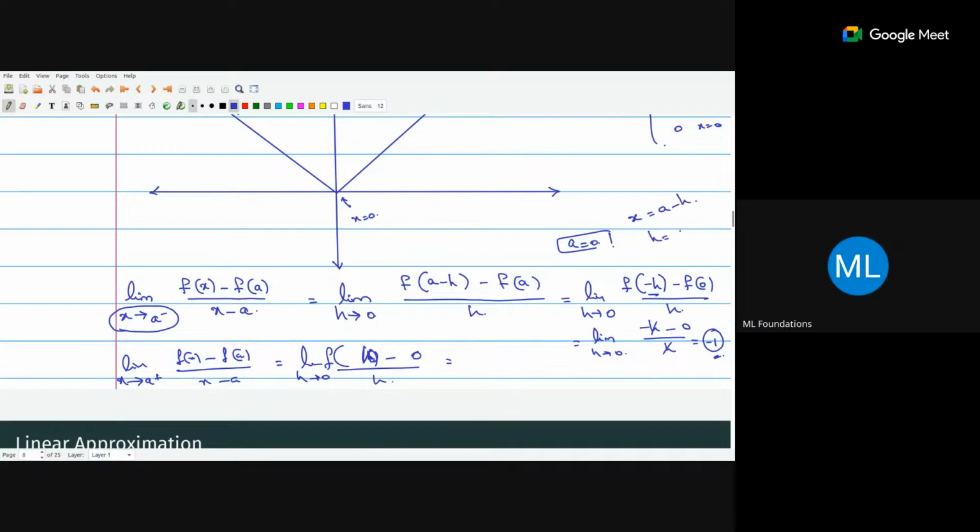Then h will become a minus x. Just bring h to the left hand side, x to the right hand side. H will become a minus x. And in the denominator I have x minus a, so x minus a will be minus h. Got it? Yes, sir. Okay.